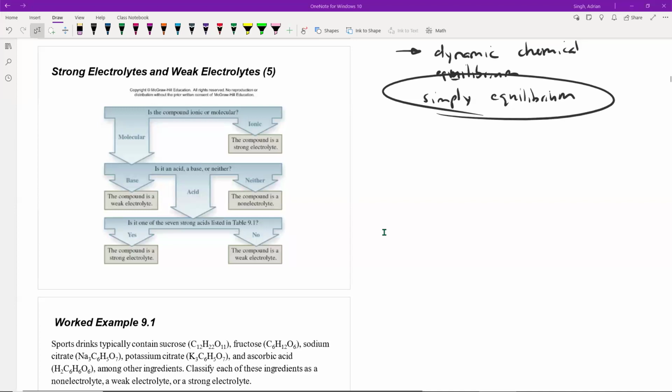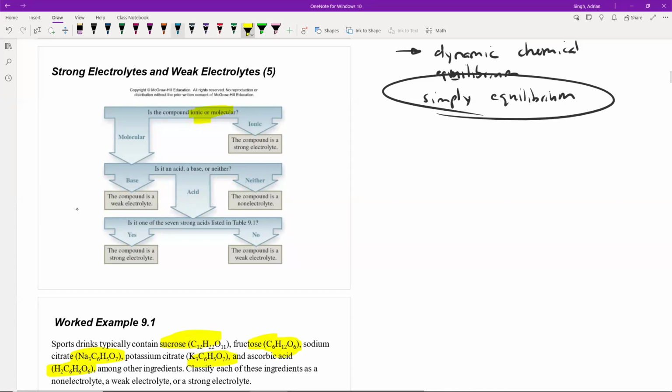So when we have to determine whether something is a strong or weak electrolyte, there are certain steps we can follow. And your book does a good job of outlining the systematic way to approach that. If you have a compound, first of all, determine is it ionic or covalent, ionic or molecular. We have some examples down here: sucrose, fructose, sodium citrate, potassium citrate, and ascorbic acid.